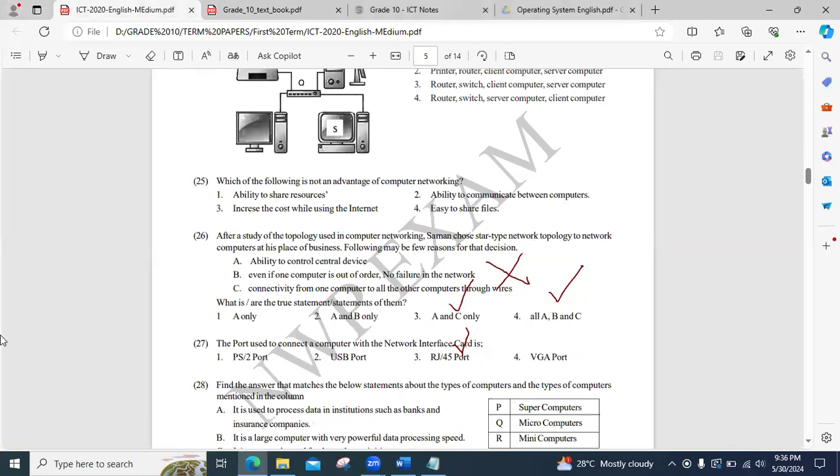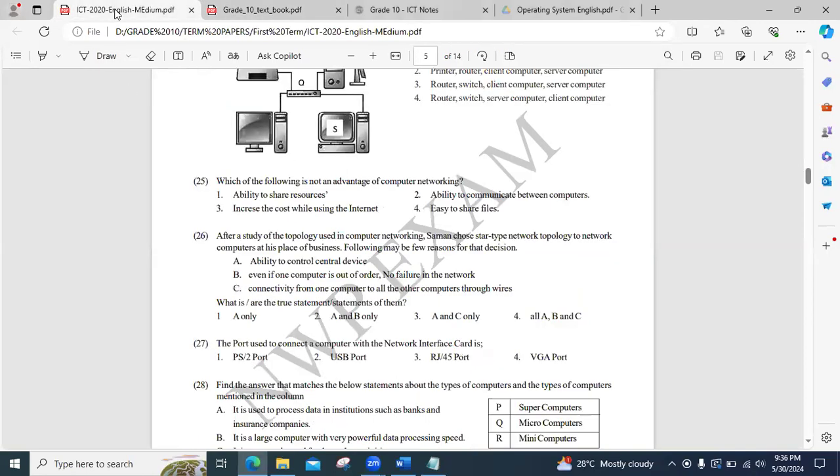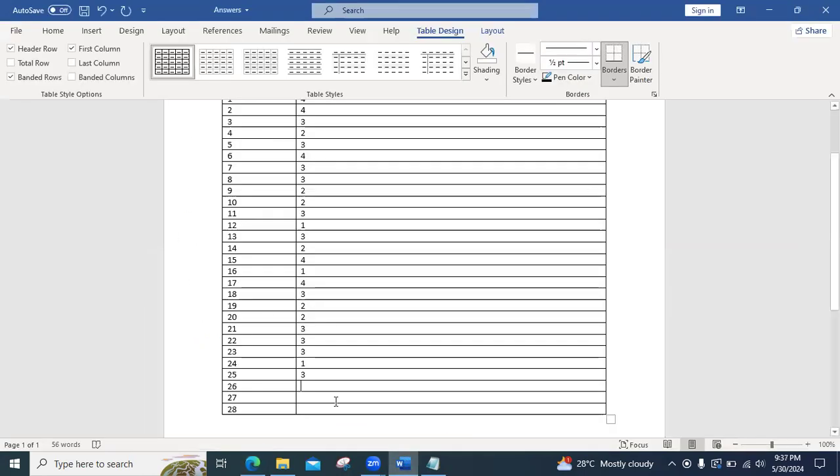Then connectivity from one computer to all the other computers through wires. Yes, here you are always connecting through wire. So the 26 answer should be 4. So we'll mark it as 26, 4.